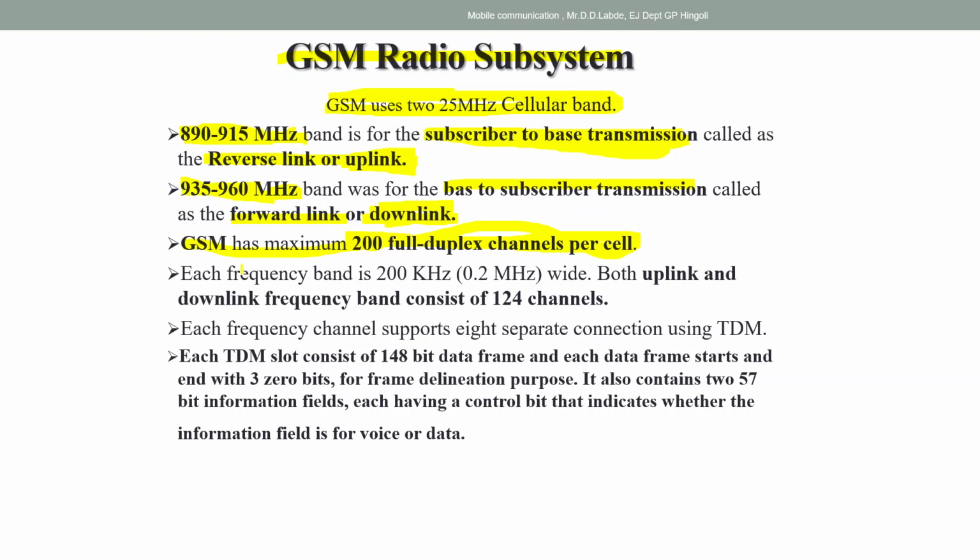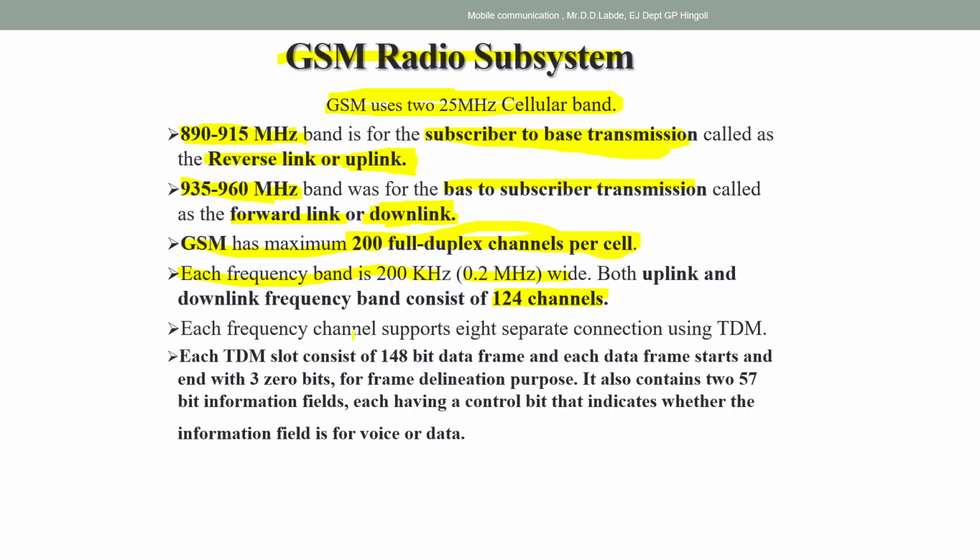Okay, each frequency band is 200 kilohertz, that is 0.2 megahertz wide. Both uplink and downlink frequency bands consist of 124 channels. Means your uplink and downlink frequency bands consist of basically 124 different channels.